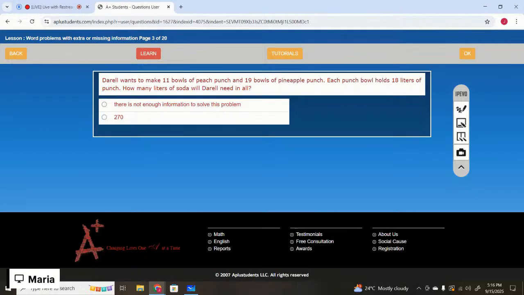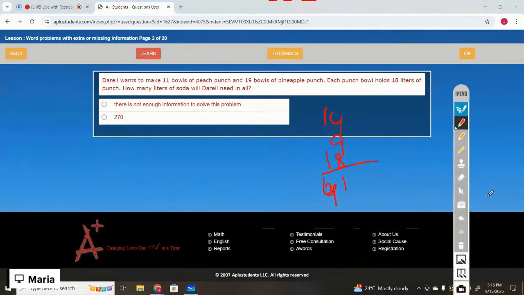Each bowl holds 18 liters of punch. So 11 plus 19 is 30, right?